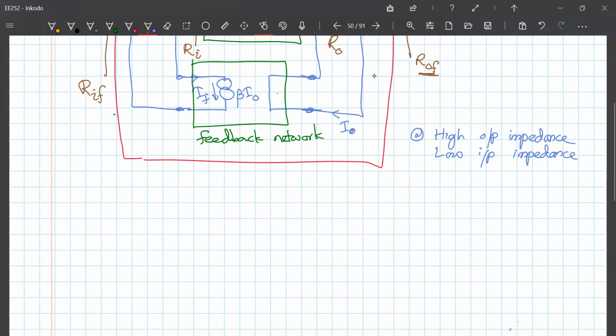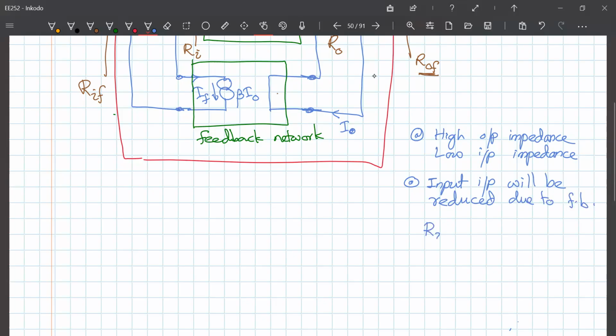This is what we like. So the output will not change, but the input impedance will be further reduced due to feedback.